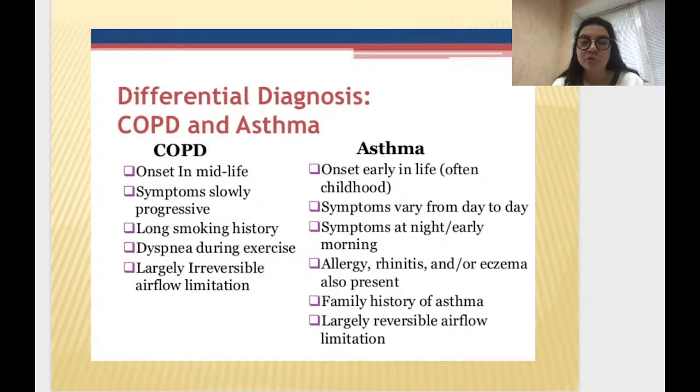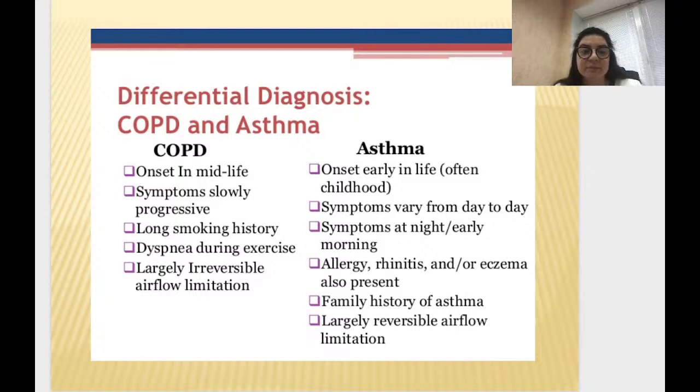And the most often forms are COPD, chronic obstructive pulmonary disease, and asthma. What is the difference between them? For COPD, it is onset in midlife. For asthma, it is onset in early life, most often in childhood. For COPD, symptoms are slowly progressive. For asthma, symptoms usually vary from day to day, and symptoms are typical at night and early morning.